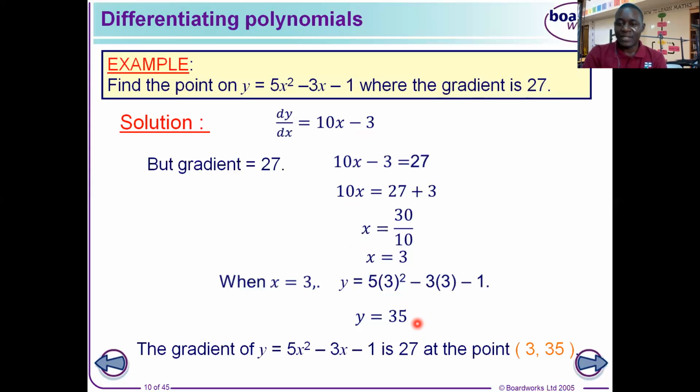That means the gradient of the curve can have the value that is given, for example 27, at those 2 points. So it is possible to have something different from this, where we have just a single point. We can have 2 points where the gradient can be calculated and we have the same value.